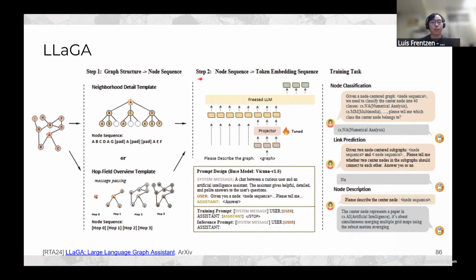That node sequence goes into a projector here, and is transformed into an embedding sequence that is compatible with the LLM. So it can stand side by side with the token embedding generated from natural language. Then you can use it as additional context when you do classification or generation.